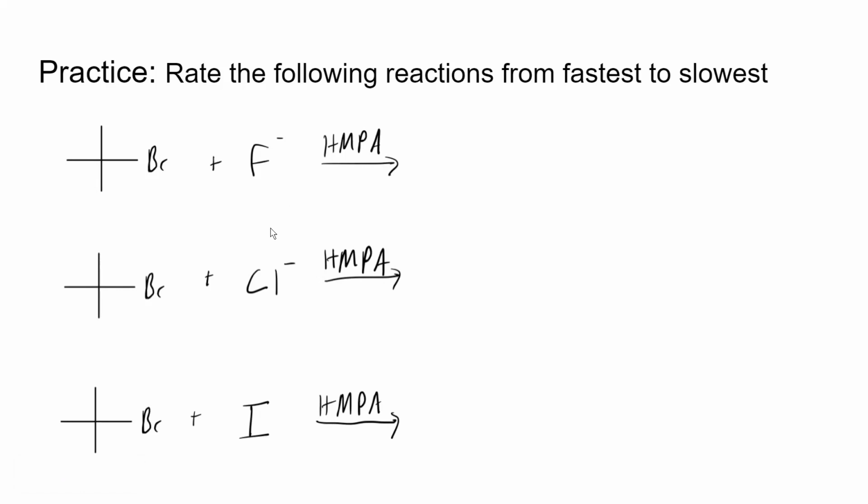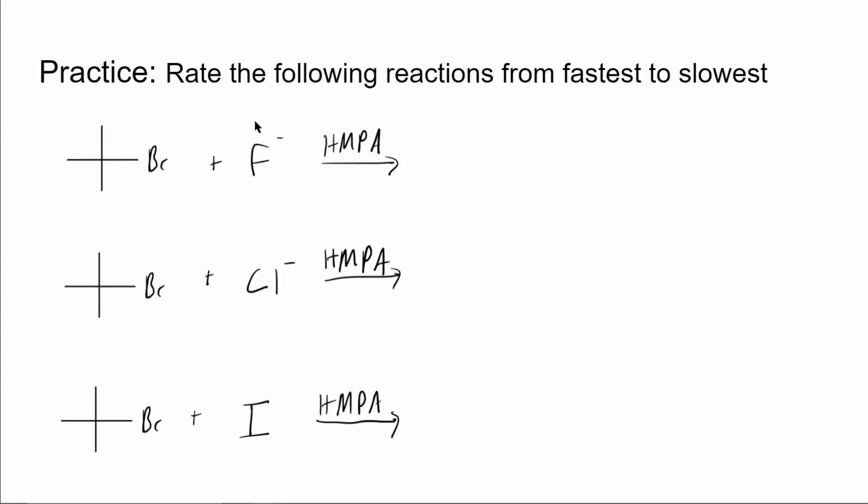Or a better question would be, which one is the strongest nucleophile, if this is polar aprotic? Yeah, F minus, because F minus here is your strongest base.